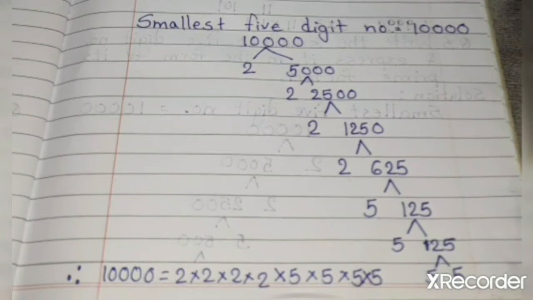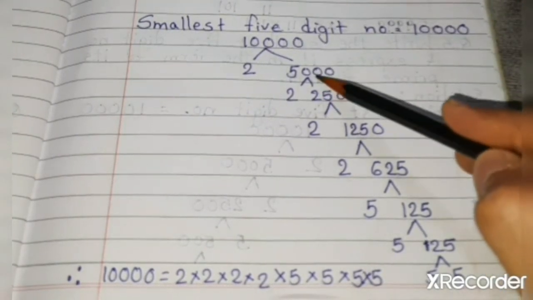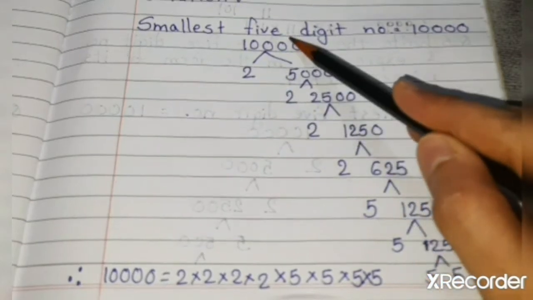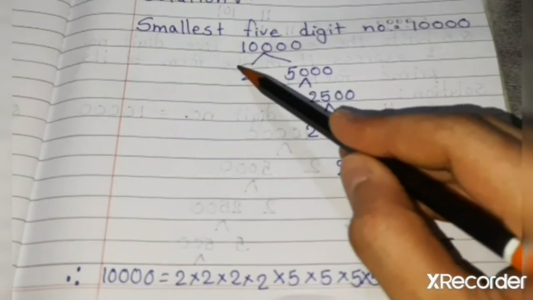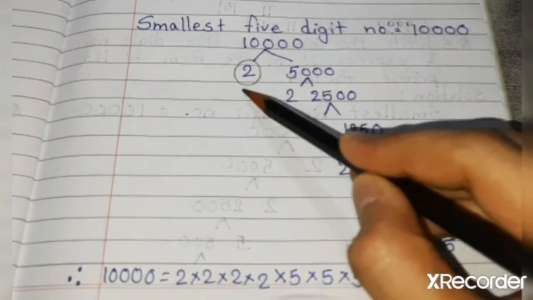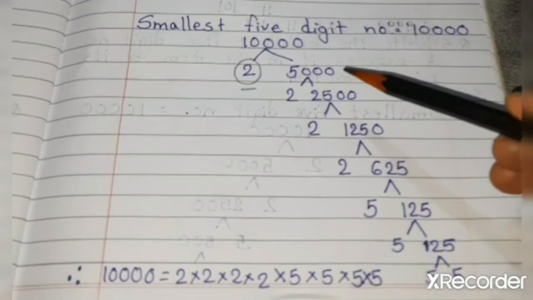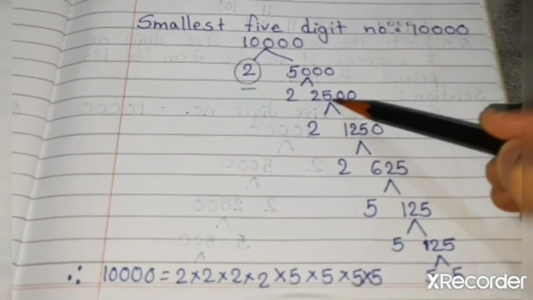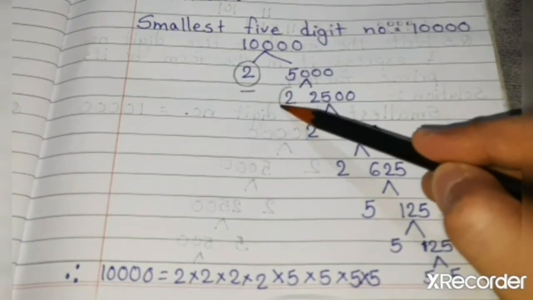Let's do prime factorization of 10,000. 5,000 twos are 10,000. Here we got a prime number, so here we will stop. We will go further from 5,000. 2,500 twos are 5,000.